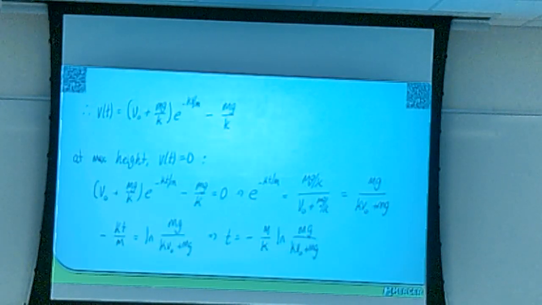But if we assume k is positive, that's a natural log of something less than 1, which is negative. Negative times negative is positive, times positive. Chances are k is positive. So yes, that makes sense. We're not getting negative time out of this.